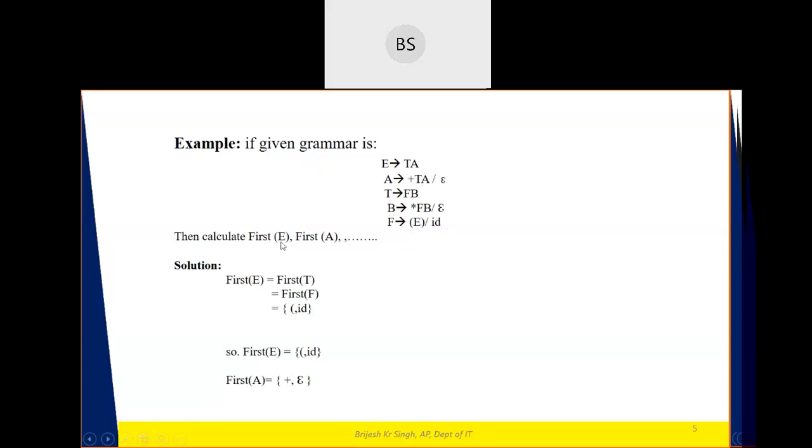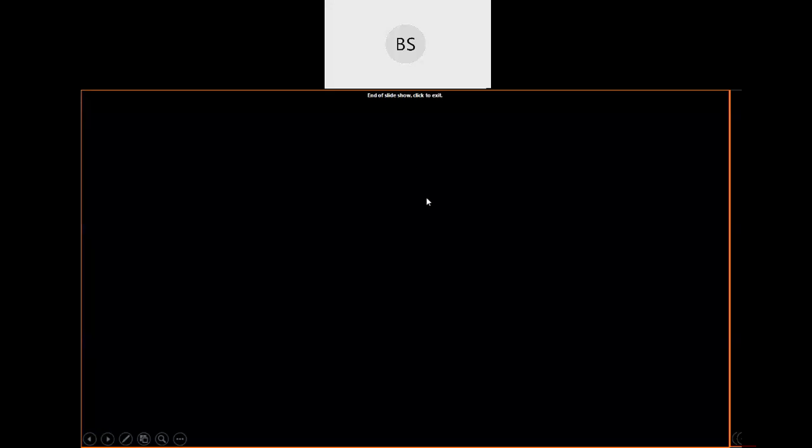Then calculate the FIRST of E and FIRST of A. You can also calculate the FIRST of T, B, and F. What will be the FIRST of E? FIRST of E equals FIRST of T, because T is also a non-terminal, so we need to calculate the FIRST of T.